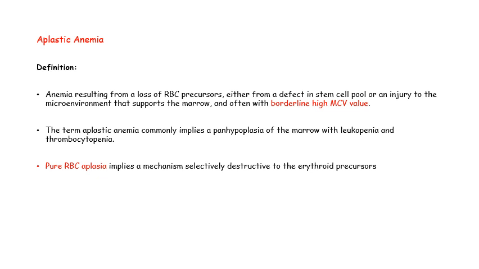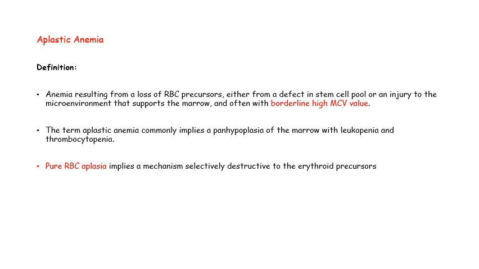Now we'll move to aplastic anemia. Aplastic anemia, by definition, is a type of anemia resulting from a loss of red blood cell precursors, either from a defect in the stem cell pool or an injury to the microenvironment that supports the marrow, and is often with a borderline high MCV value.